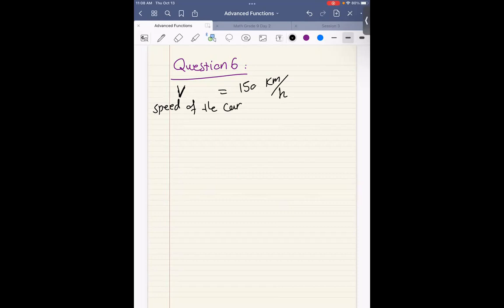What is the radius of the track? 300 what? Meters.